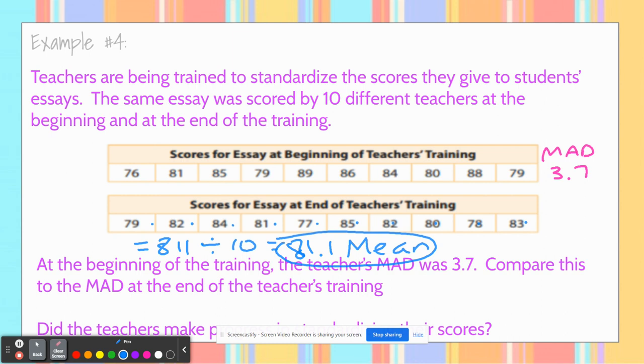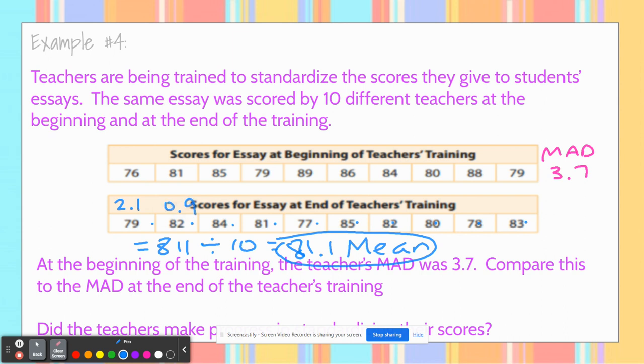Now we want to see how far the teachers are grading from the average. If the average score is a little over 81%, how well are the teachers grading compared to their peers? So we're going to take 79 minus 81.1, and the absolute value difference is positive 2.1. The next distance is 82 minus 81.1, and that is 0.9.